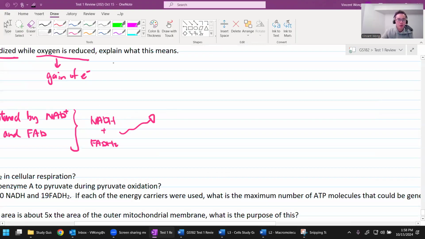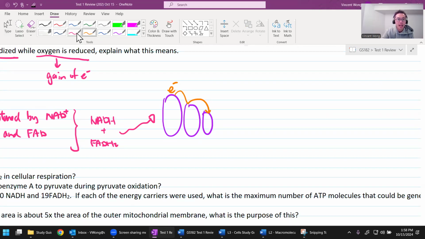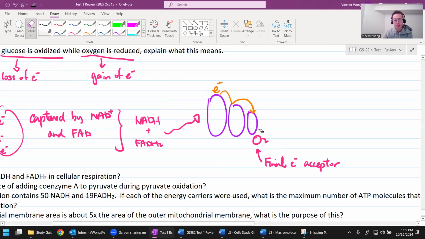Okay, so these energy carriers, they're going to go to the ETC, right? The purple stuff, right? And then they're going to drop the electron off, and then the electron is going to bounce off the ETC. And at the very end, you have the oxygen. Oxygen is called the final electron acceptor. I remember the story about getting the kid off at the bottom of the slide.